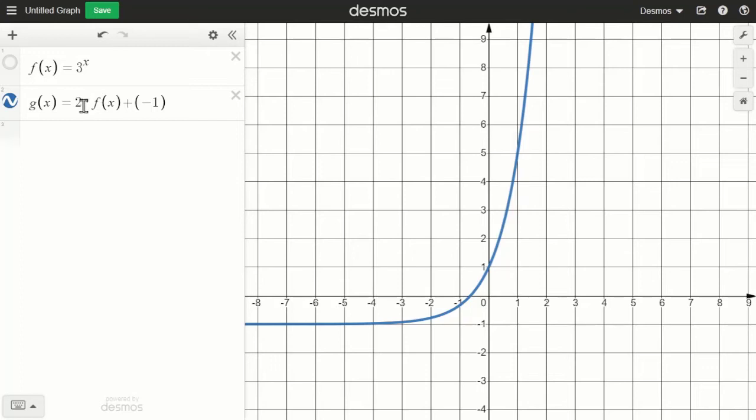For this particular graph, the y-intercept happens to be the same as the parent one, okay? But it's not always the case, so don't take that as a generality. It happens also to be 0, 1.